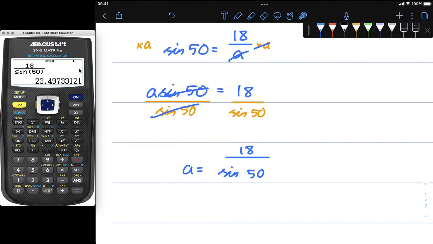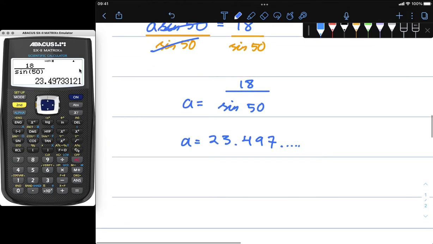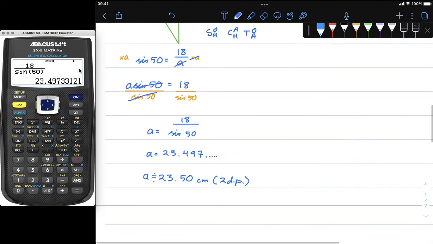Pressing equals, A is equal to 23.497. So A is approximately, rounding this to 2 decimal places, 23.50. Let's just say this one is also in centimeters, and we indicate that we rounded to 2 decimal places.